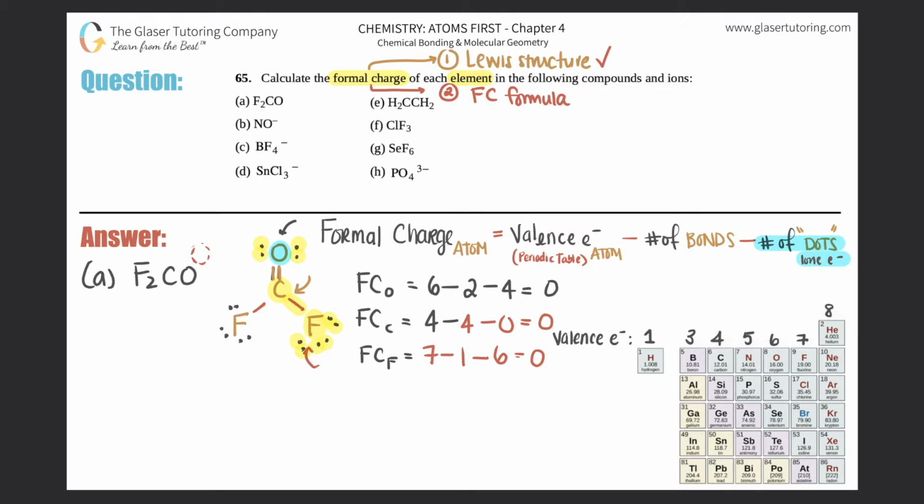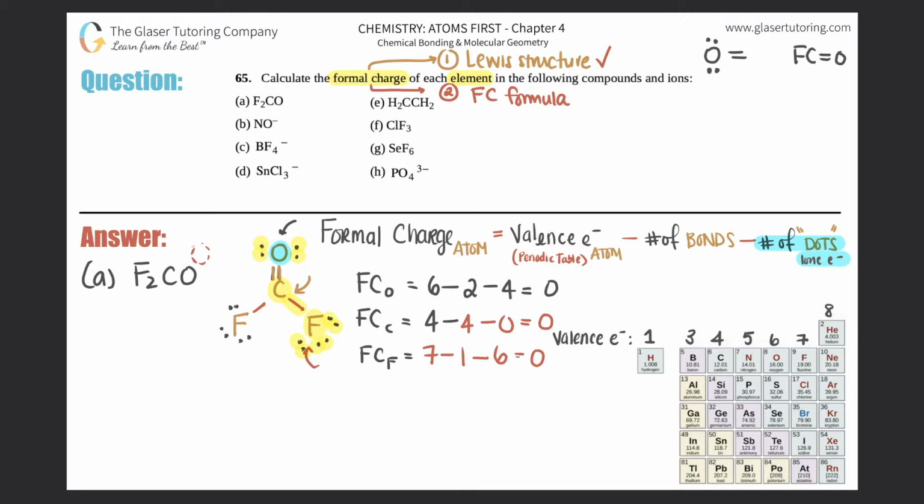Now, what I'm going to do over here to make this question go a little faster is, if you know the formal charge for a certain atom and what it looks like, it will always be the same. So I'm going to say here that an oxygen with 2 bonds and 2 lone pairs always has a formal charge of 0.